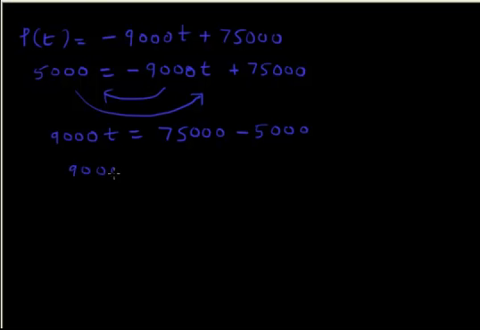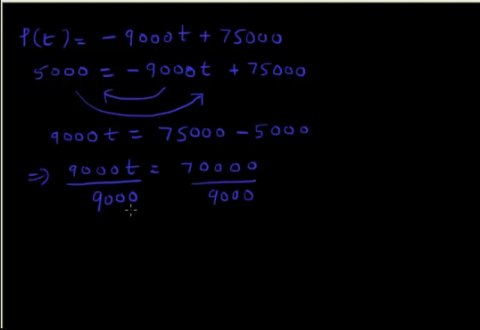So 9,000 T equals 70,000. To get the value of T, divide throughout by 9,000. So you have T equals 70 by 9.